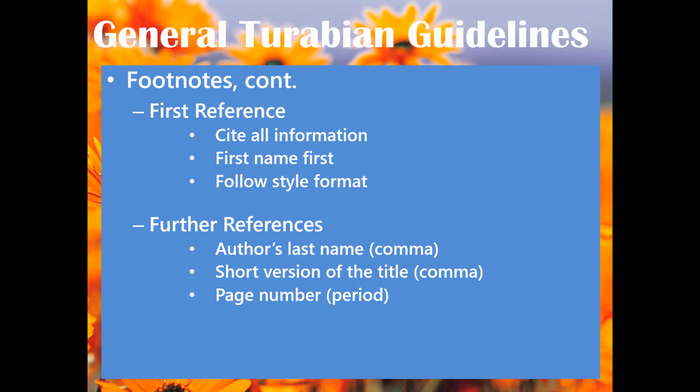For first references, cite all information first name first. This is within the text. First name first, follow style format. This is footnotes. In text, it's the same thing. For the references, you just use the last name, comma, short version of the title, page number, period.